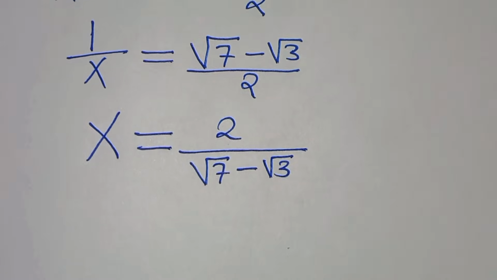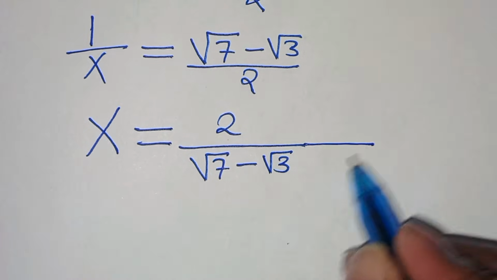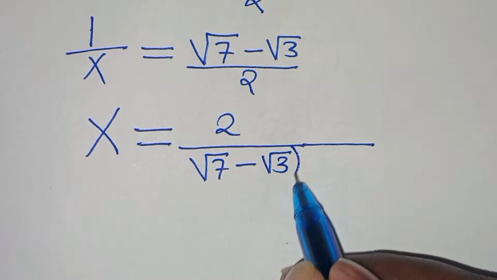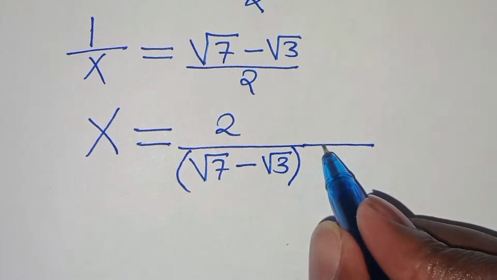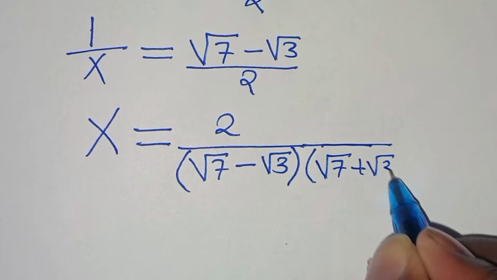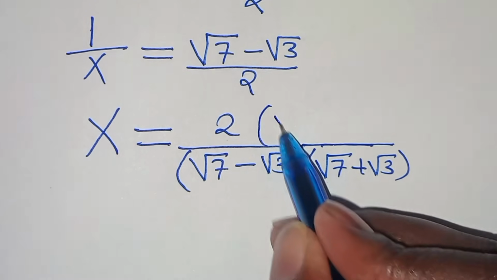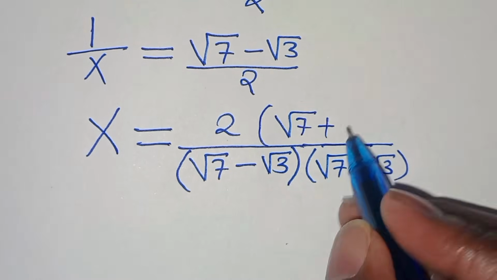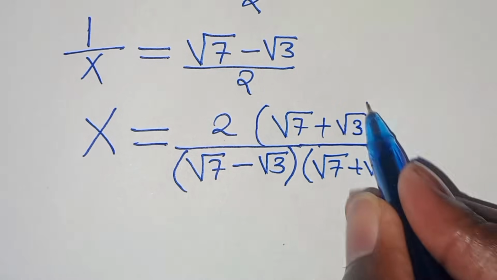The next step from here, let's rationalize the denominator by multiplying by the conjugate. The conjugate here is square root of 7 plus square root of 3. Then we multiply the numerator with the same conjugate, which is square root of 7 plus square root of 3.